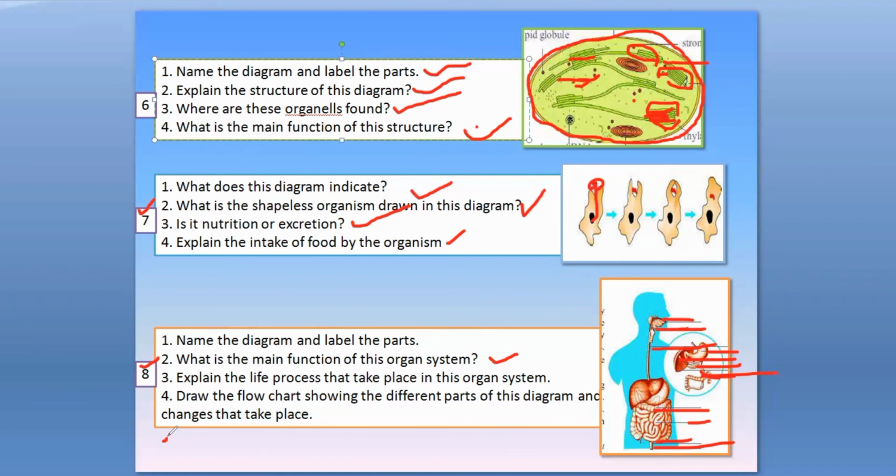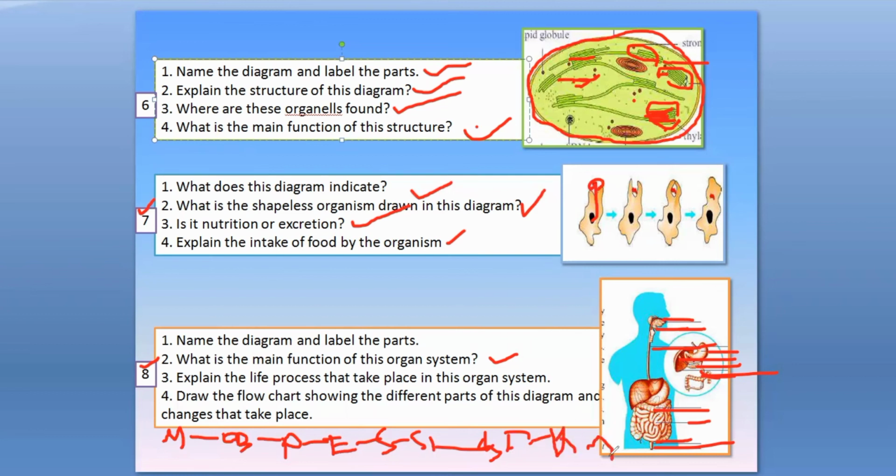First of all, let us take the mouth, then the oral cavity or buccal cavity, then pharynx, then esophagus, then stomach, then small intestine, large intestine, and rectum, anus.